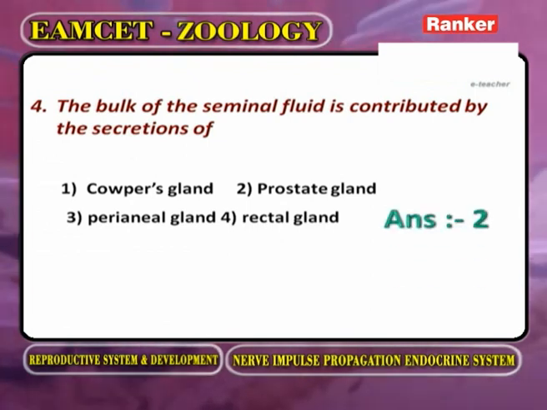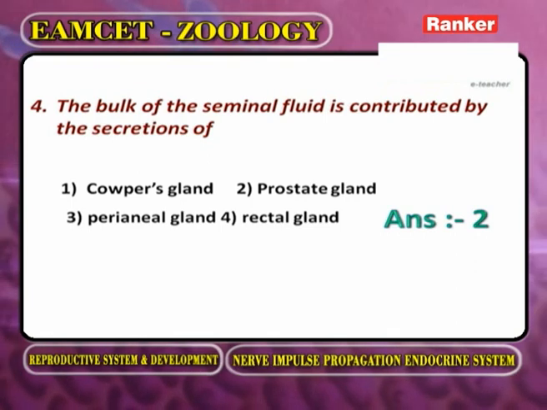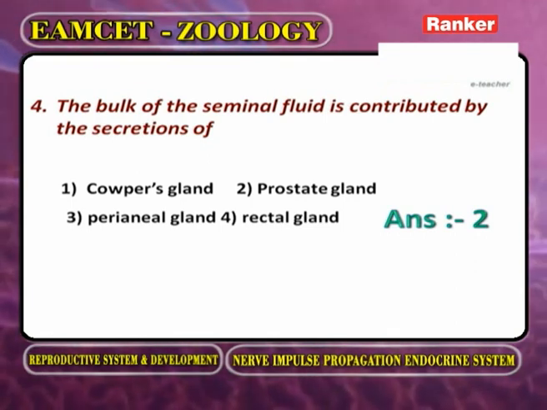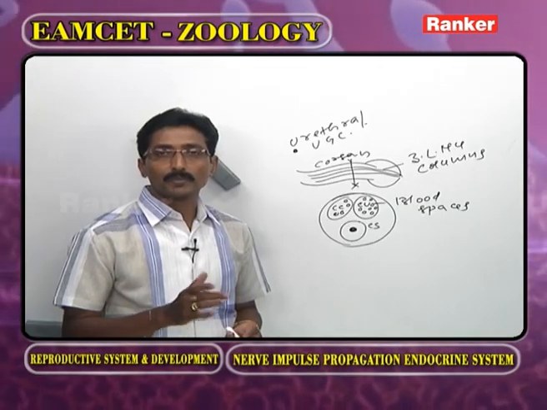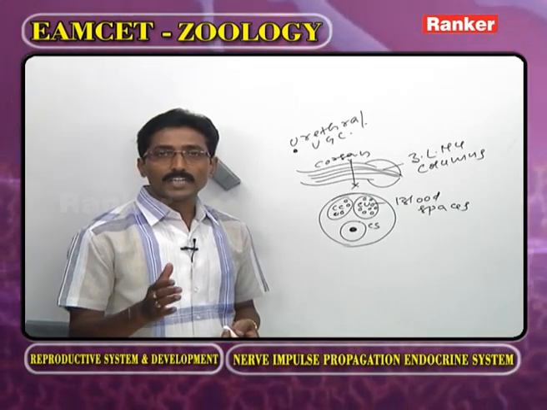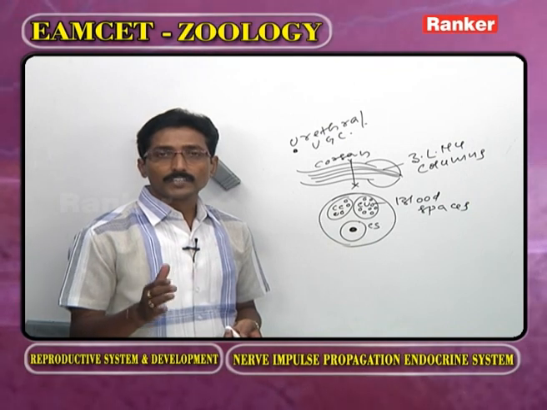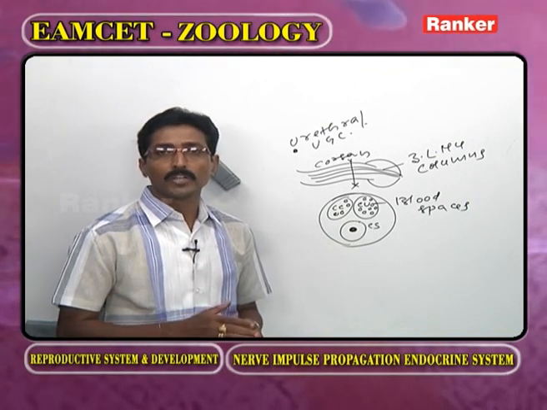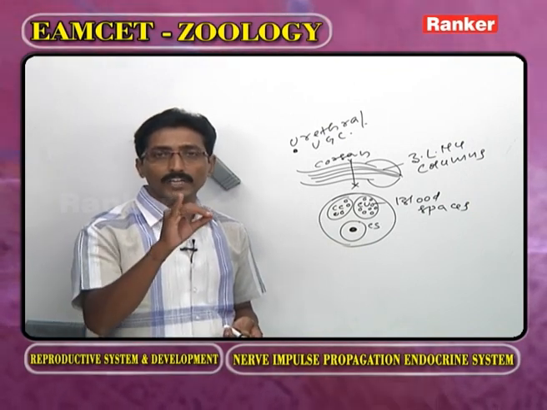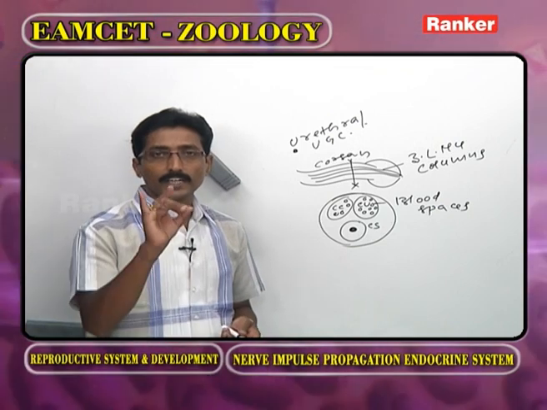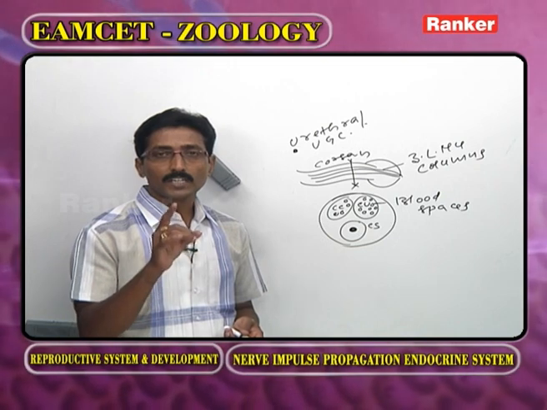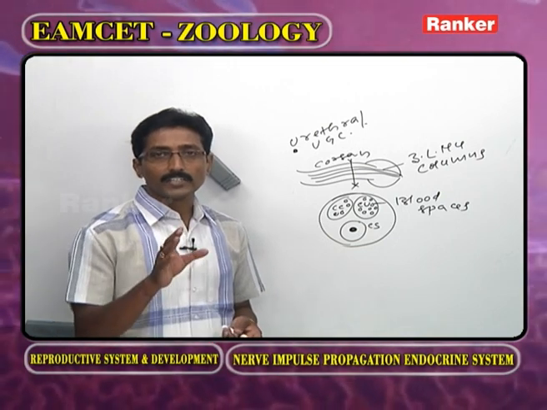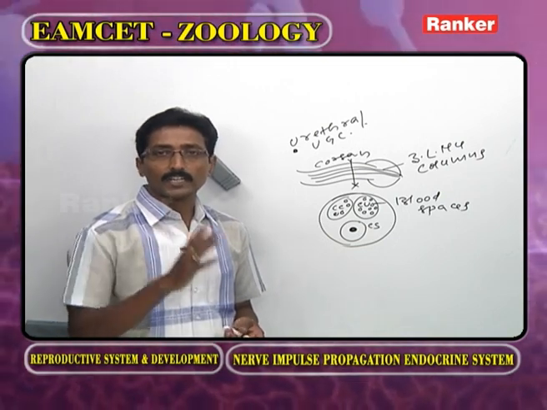The bulk of the seminal fluid is contributed by the secretions of. Now as we observe the male reproductive system, what are the accessory glands associated with it? One we call the seminal vesicle, second the prostate gland, third the Cowper's glands, and the next the rectal glands.